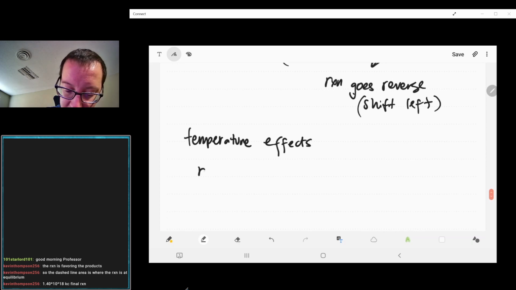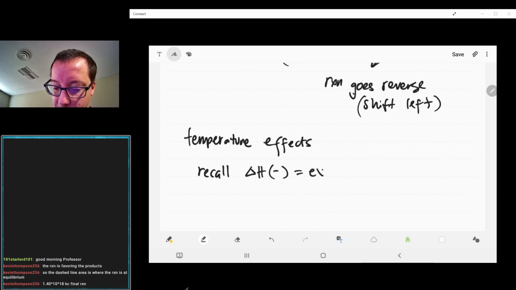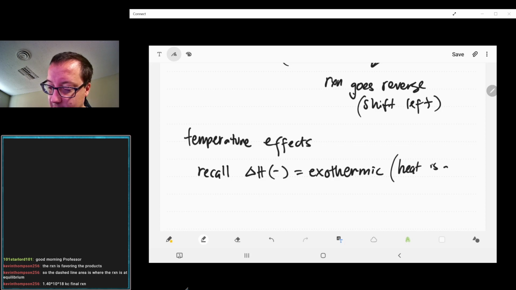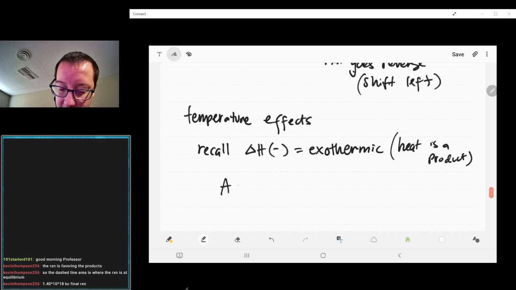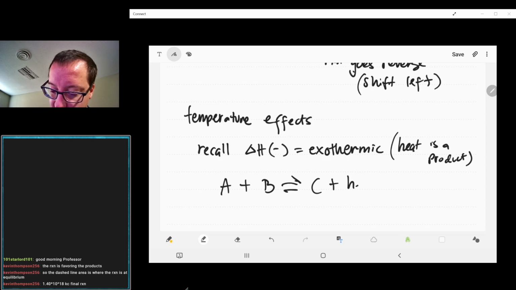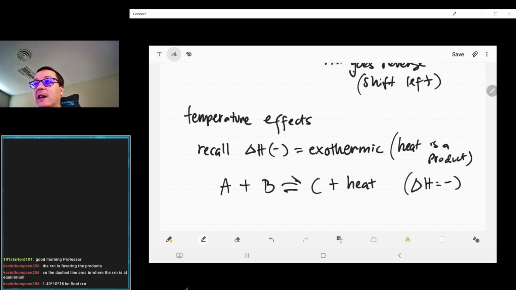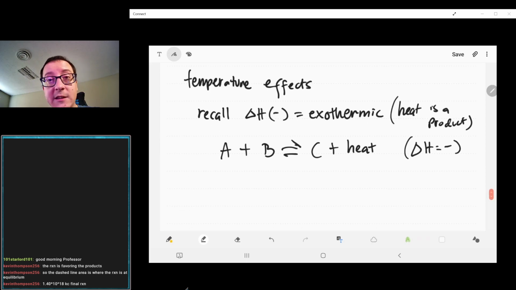So let's just recall for a sec. If delta H is negative, that's an exothermic reaction, right? Which means that heat is a product. So if you have some reaction that is exothermic, we have a negative delta H here. We can treat heat as a product.